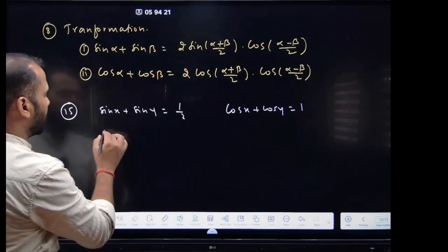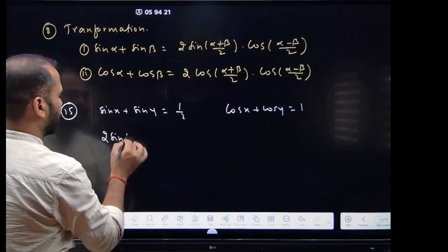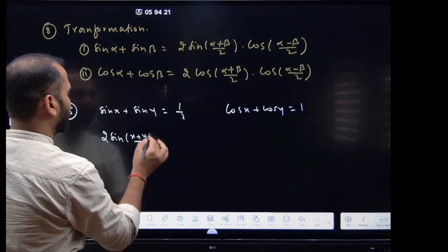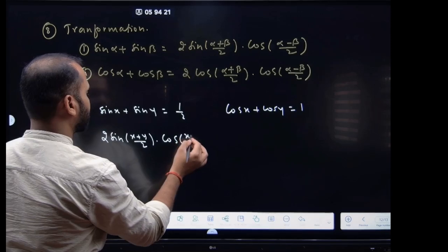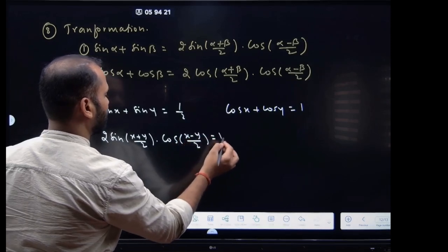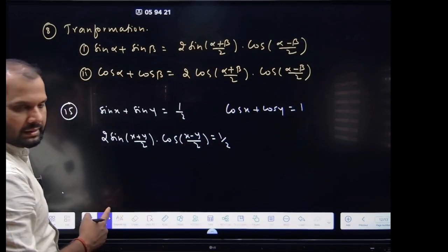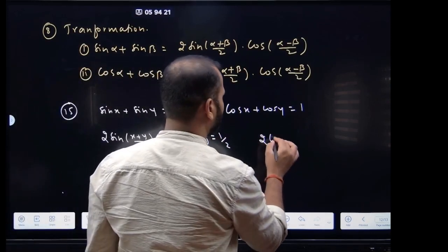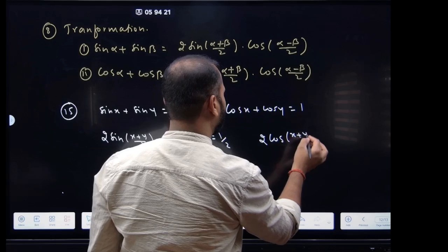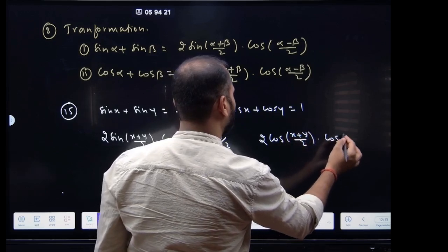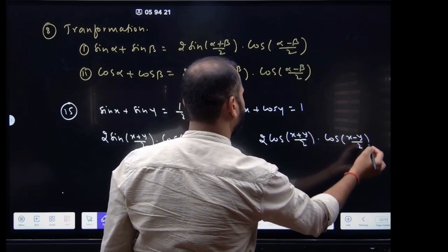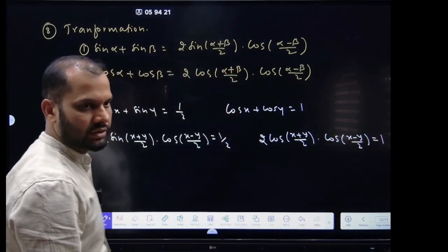So if I apply it, which formula will it be? 2 sin (x plus y) by 2 into cos (x minus y) by 2 is equal to 1 by 2. Can I write like this? From here, what you can say: 2 cos (x plus y) by 2 into cos (x minus y) by 2 is equal to 1. Yes or no?